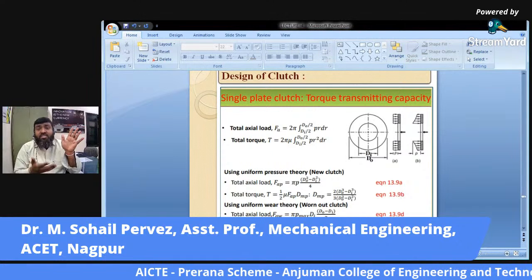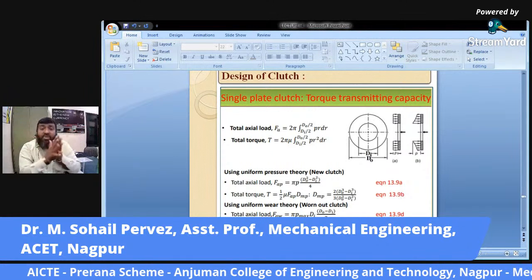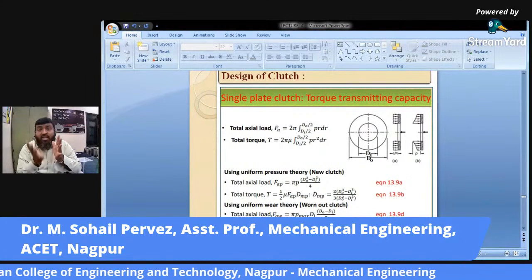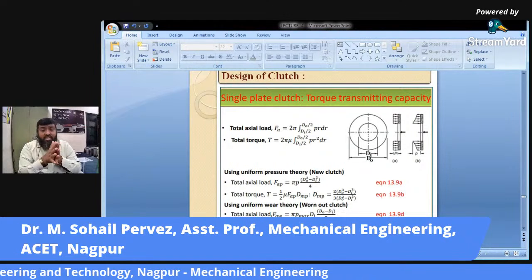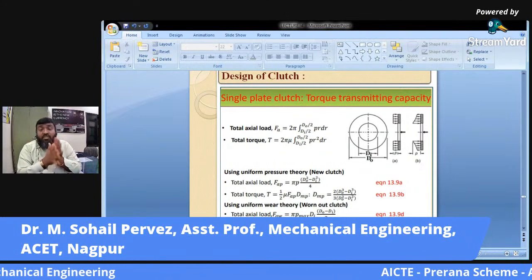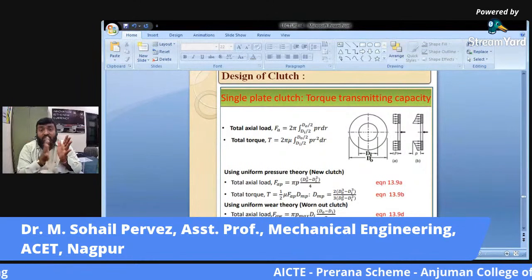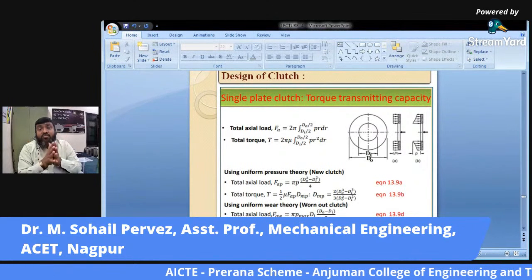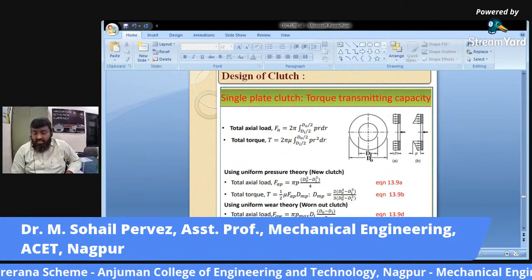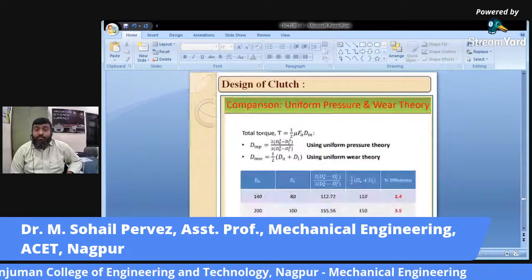But we have to consider that the pressure applied by the driver plate on the driven plate is uniform. The wear will be uniform. That's why it is uniform wear theory. And this is the most widely used theory in the design of clutches.